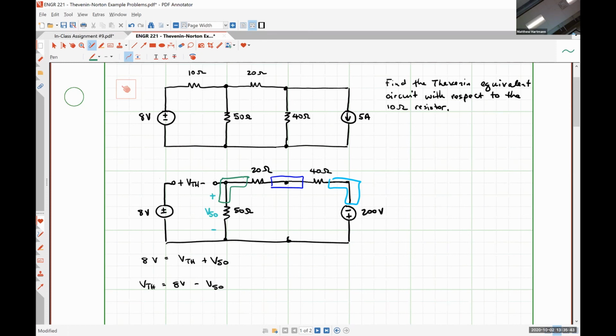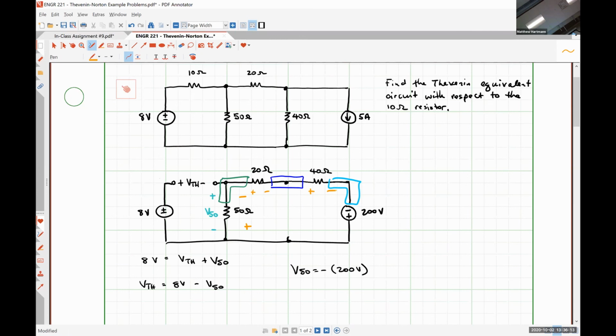Voltage division, exactly right. So our voltage V50 is going to be negative 200 volts. And the reason it's negative, let's explain that just real quick. I think I've done it multiple times at this point, but I still see mistakes. We would expect, based on the polarity of our 200 volt source, to see the voltage drops over our resistors with these polarities, right?